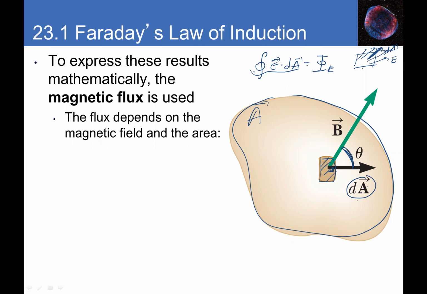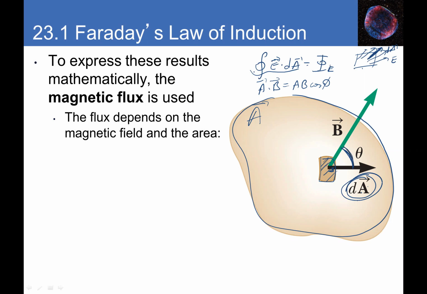Okay, remember, the dot product A dot B, the dot product between any two vectors, equals A B cosine of phi, if you want to call it that, right? Remember, this is a dot product between any two vectors.